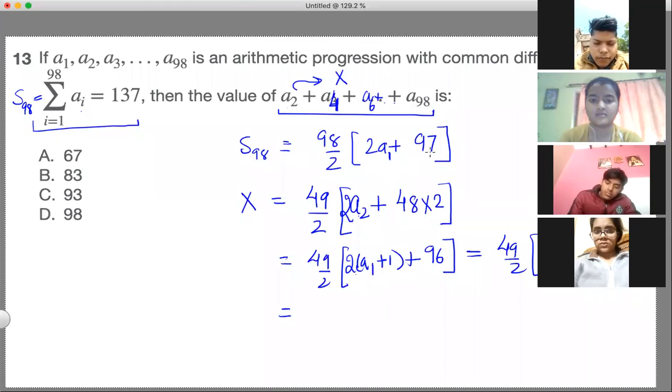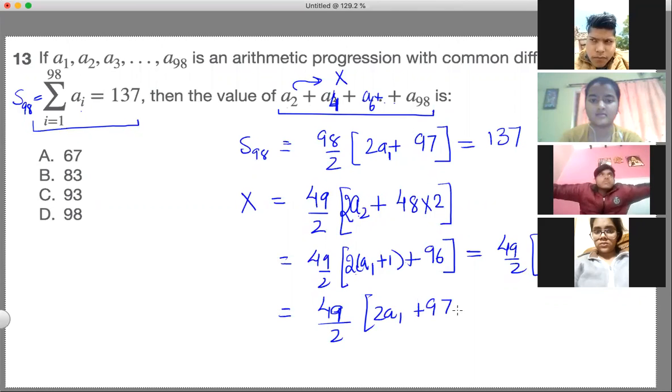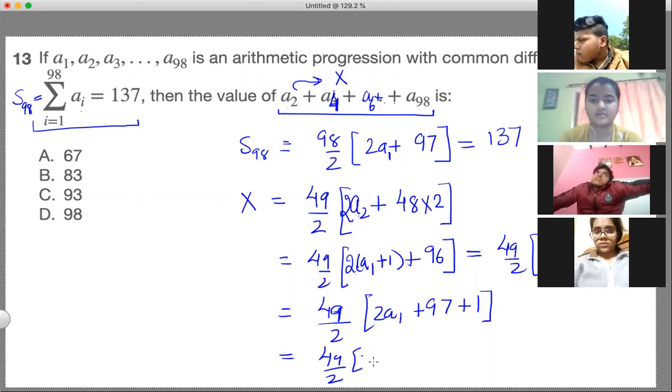देखिए हमारे को ये चीज पता है, ये हमारे लिए 137 है, हमें पहले से पता है. तो इस फॉर्म में लाने की कोशिश करते हैं इसको. ये हो गया 49 by 2. ओके, ये हो गया 2A1 plus 97 plus 1. ओके, इसी को अब लिखिए 49 by 2, 2A1 plus 97 plus 49 by 2.